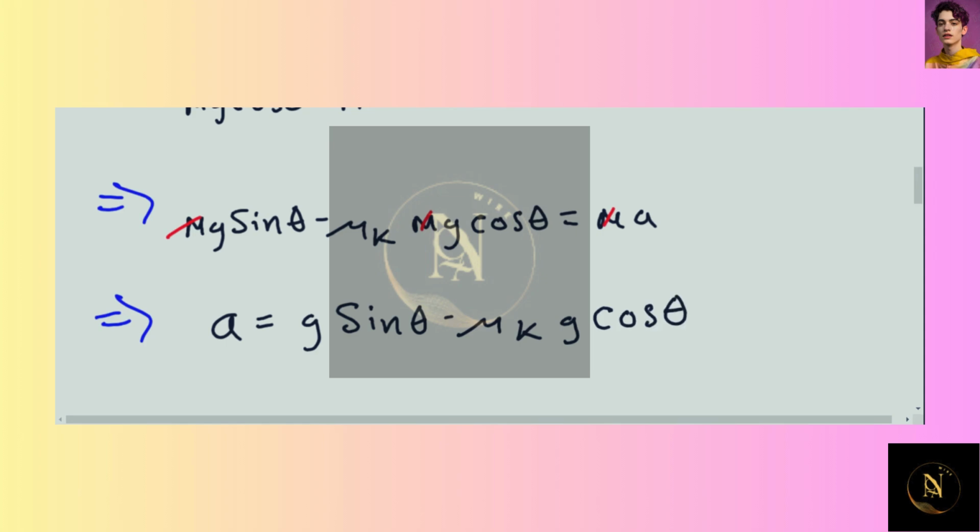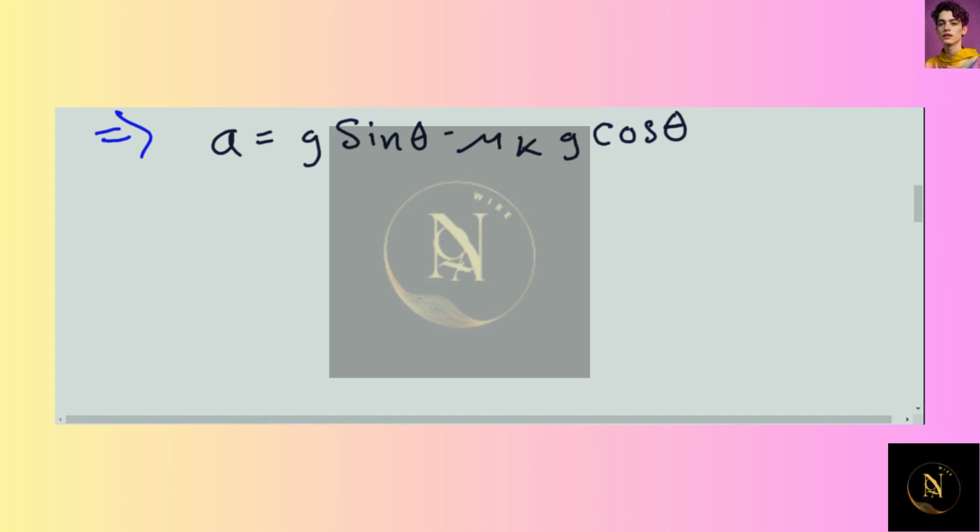Now that we have a general equation, we can plug in the coefficient of kinetic friction values that were given. The first one is mu k 0.12. So acceleration equals, we'll leave gravity by itself right now, g times sine of 5.7 minus mu k, which is 0.12, times cosine 5.7, and of course we still have gravity here.